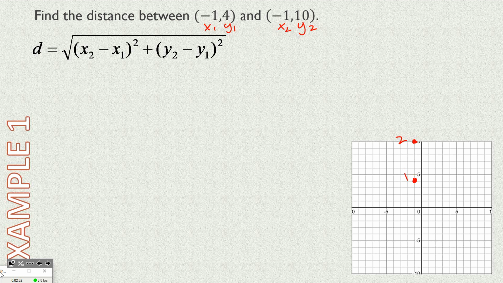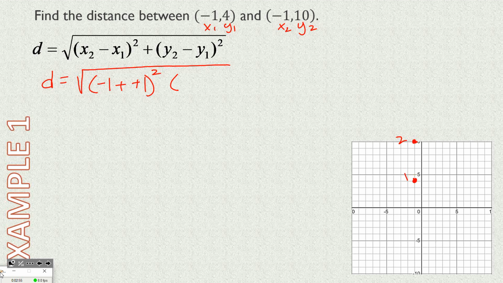And so if I plug in to the formula, it tells me the distance is going to be equal to the big square root of x2 minus x1. So x2 is -1 minus x1 is -1 squared. And like always, minus a negative becomes plus a positive.